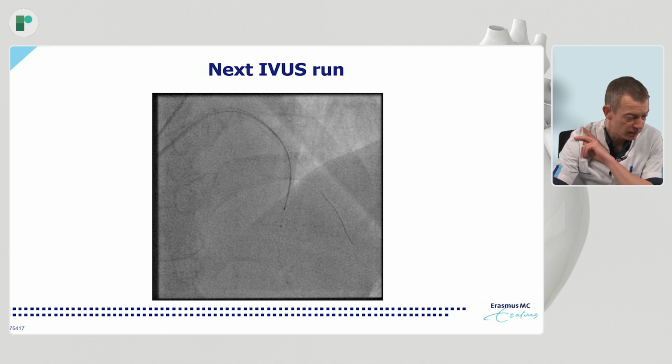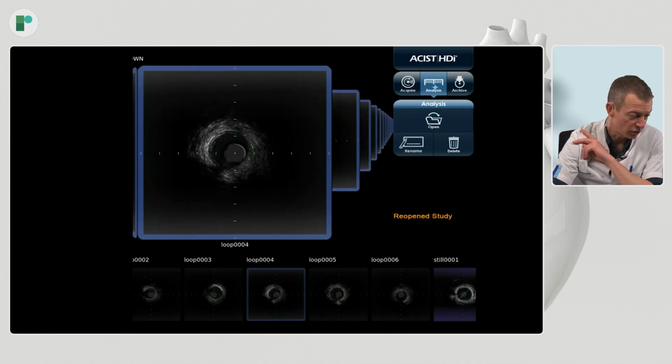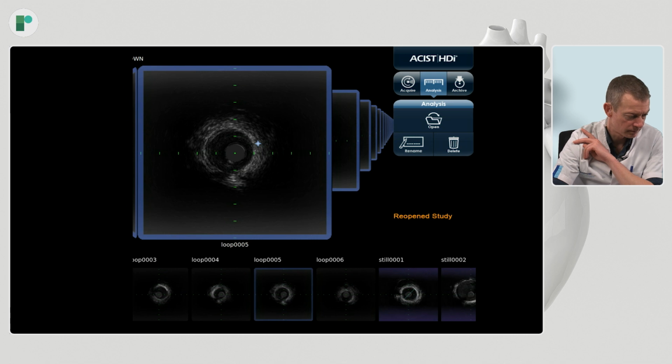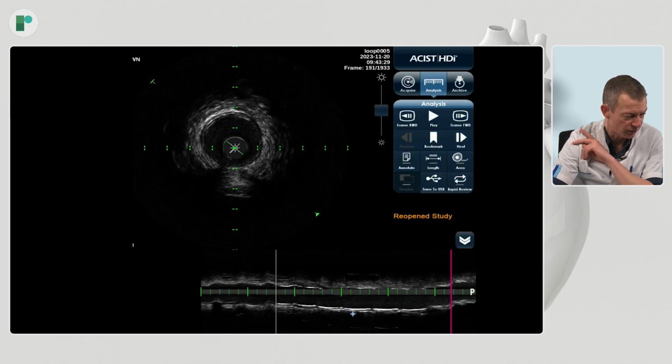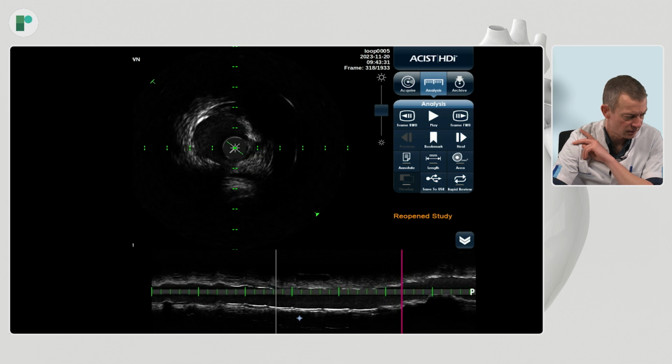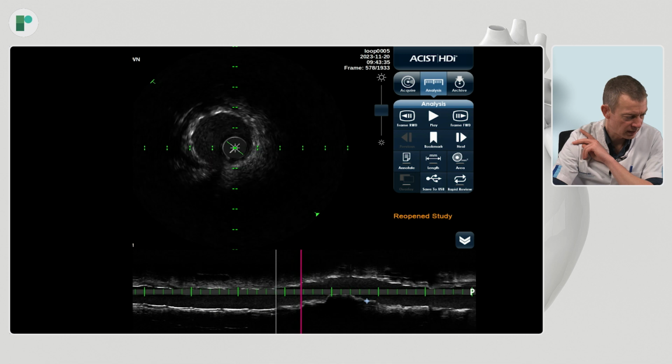So recall, minimal stent area in this pullback was 4.6, which was suboptimal. So if we look at pullback number 5, again, we didn't modify the distal edge, so that looked all fine. Go back.